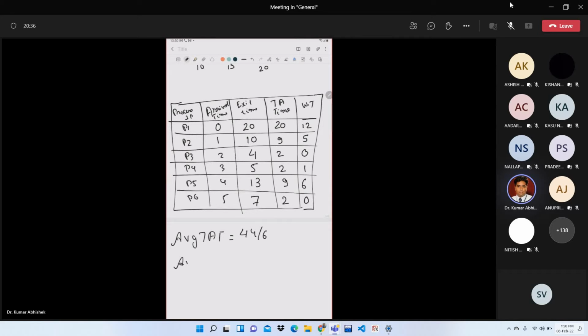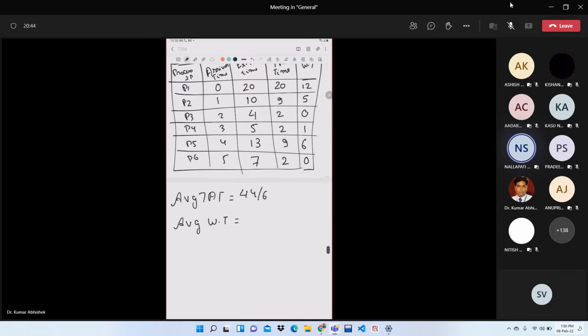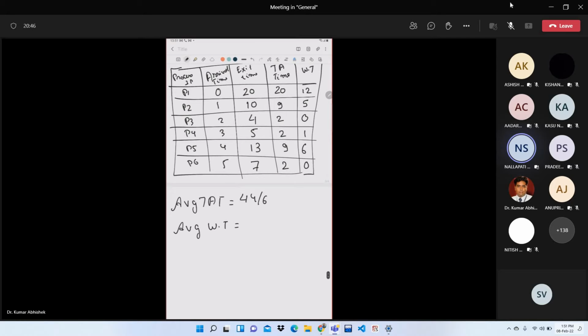And average waiting time will be equal to 24 by 6, that is 4 units. This will be 7.33 units.